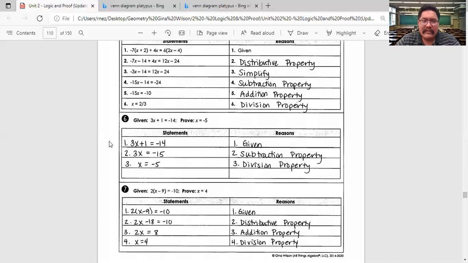I know sometimes you might skip a step, so be careful with that. So divide both sides by 3, and this is what you get. Since you divided both sides, that would be called division property.